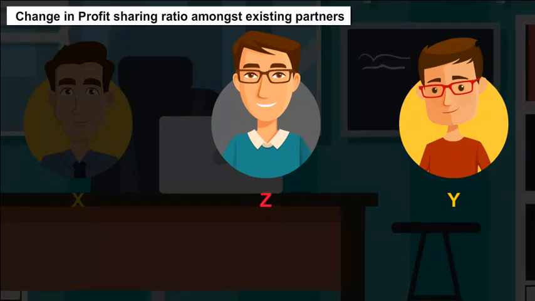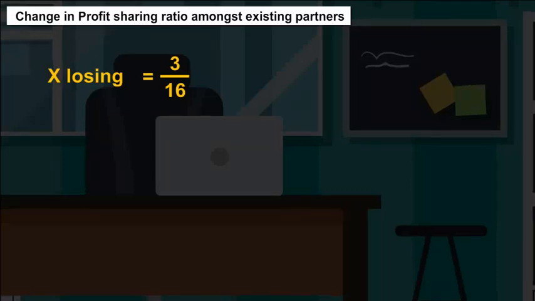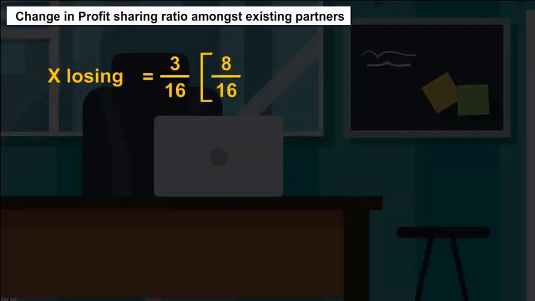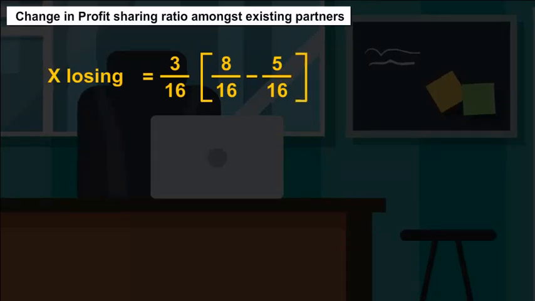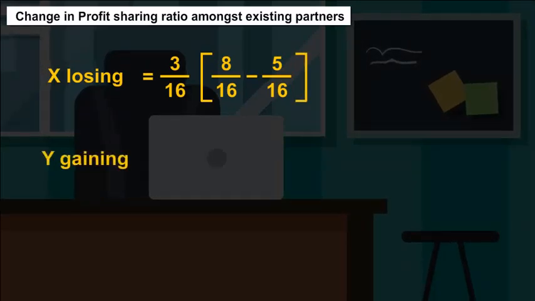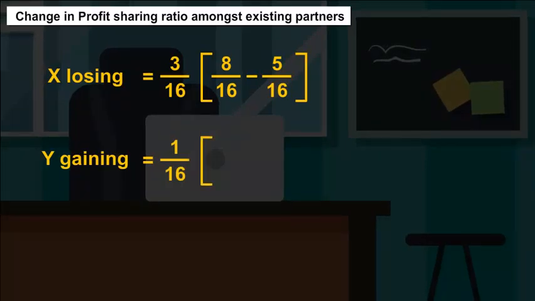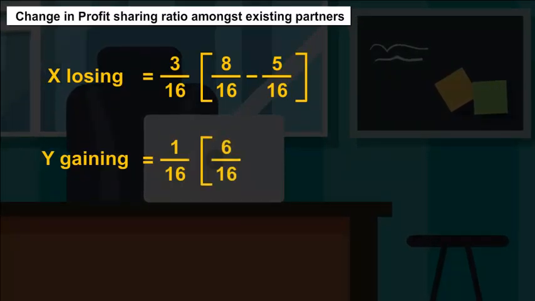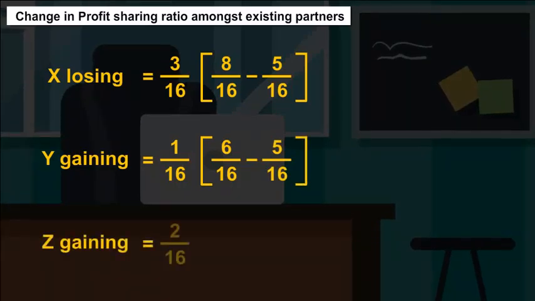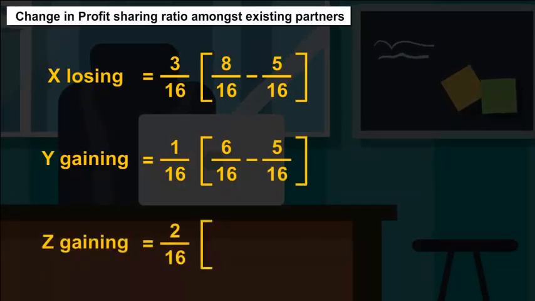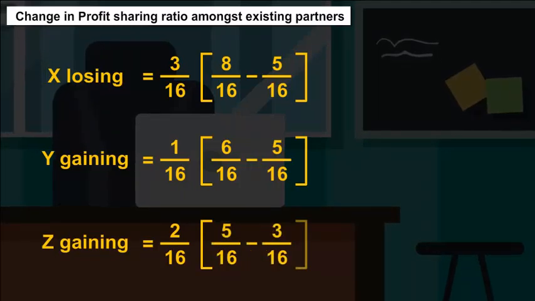This results in X losing 3/16 (8/16 minus 5/16) share in profits, while Y and Z gain 1/16 (6/16 minus 5/16) and 2/16 (5/16 minus 3/16).